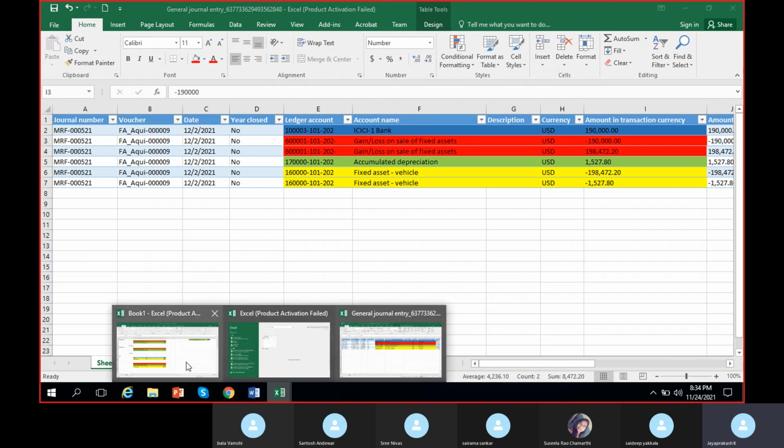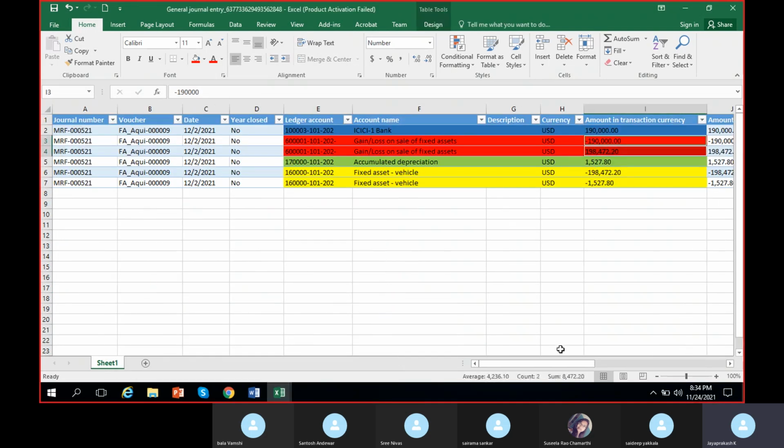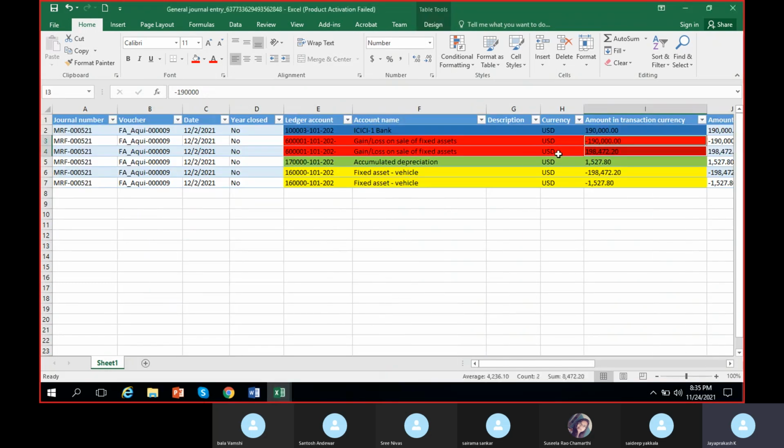If I go to the previous screen where I was explaining, the loss on sale of fixed asset was 10,000 there. In the same way here, the loss on sale of fixed asset account is 8,472.20. What I received into my bank account here is 1,90,000, the price at which I sold the asset.